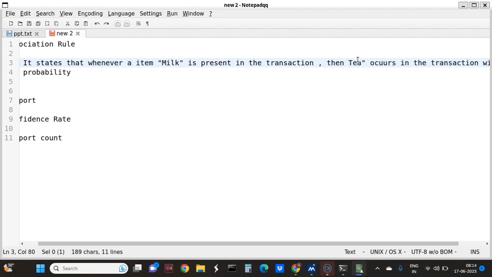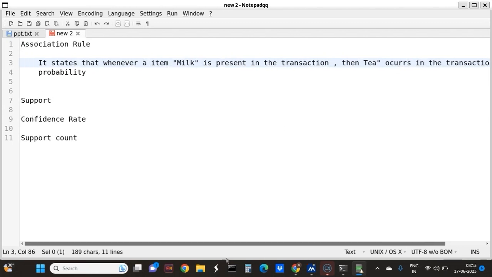The association rule states that whenever the item milk is present in the transaction, then tea occurs in the transaction with a certain amount of probability. If that probability is 80%, but our confidence rate is 85%, then it will be rejected.